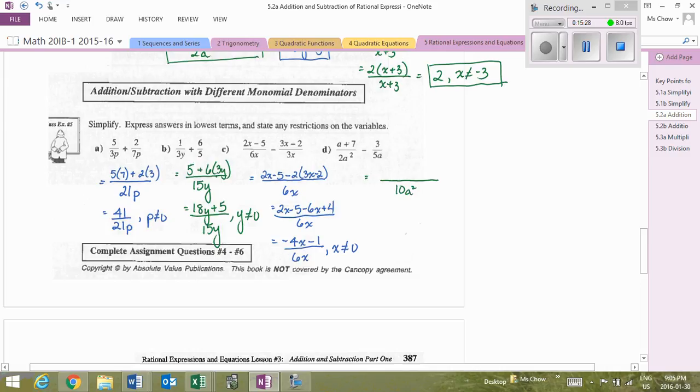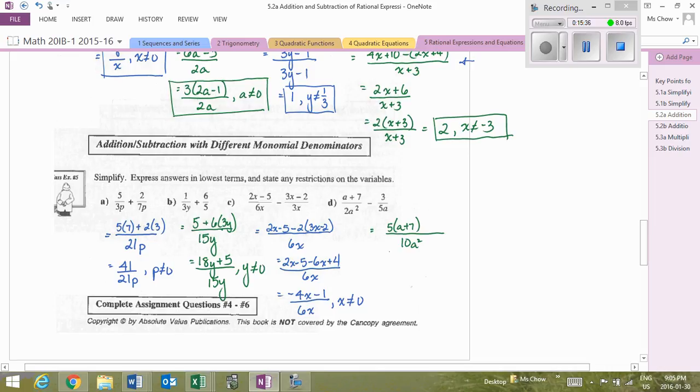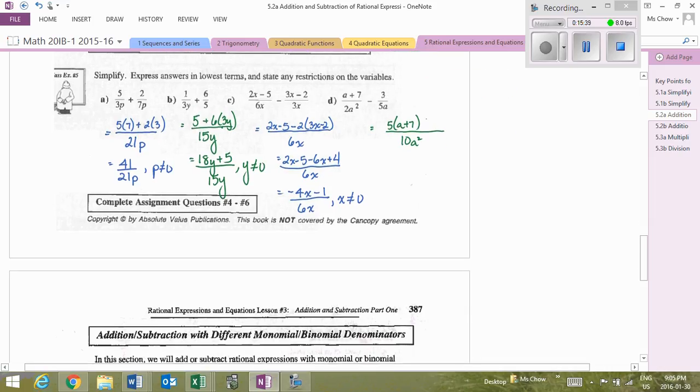For my first term, I need to multiply top and bottom by 5, so 5 times a plus 7, and in this case, I need to multiply by 2a, so it'll be minus 2a times 3. So then we have 5a plus 35 minus 6a over 10a squared, or negative a plus 35, or 35 minus a, either way, over 10a squared, and restriction a cannot equal 0.